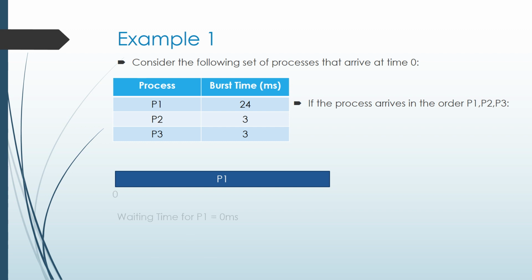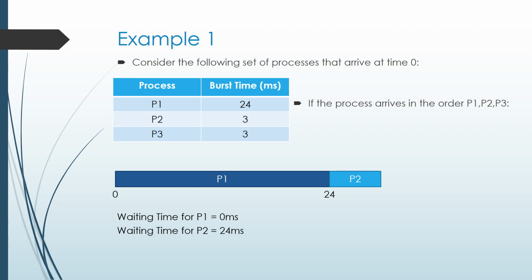When P1 arrives, the waiting time for P1 is 0. It's because the CPU is vacant, and when P1 arrives, it is accommodated directly by the CPU. So it has no waiting time. Now when P2 arrives, the waiting time for P2 is 24 milliseconds.